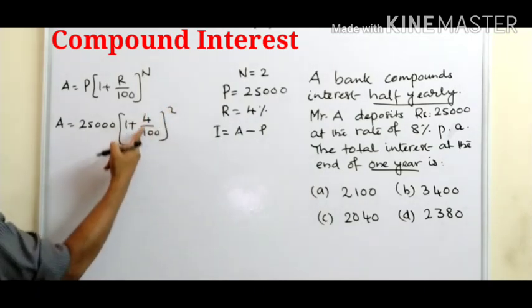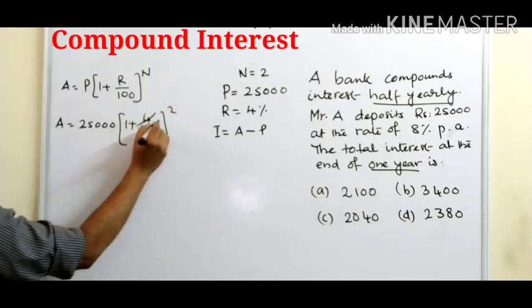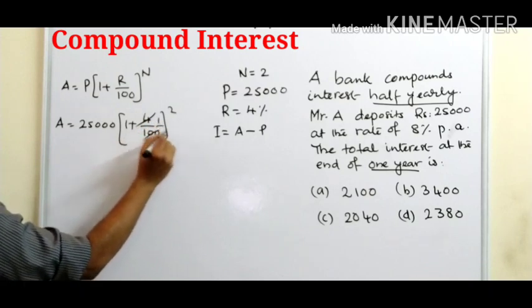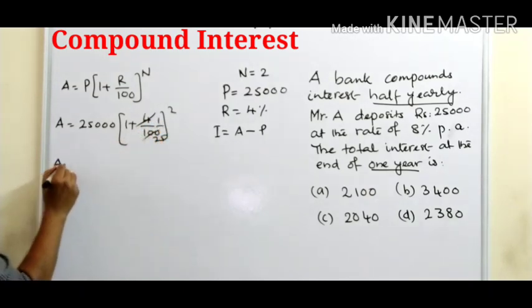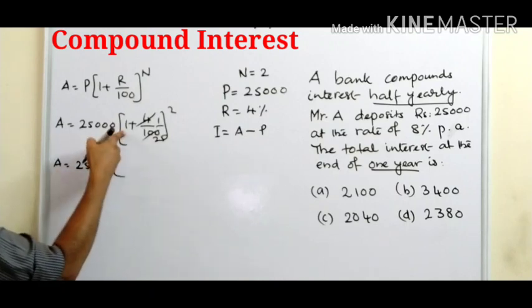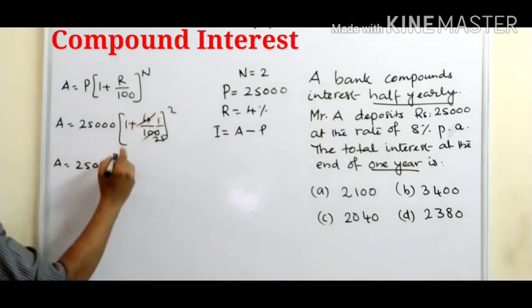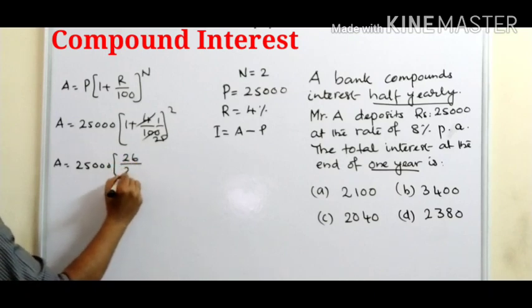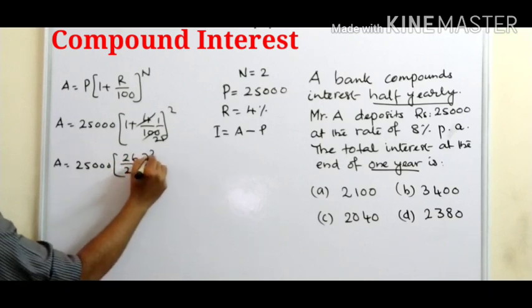Now I can cut this 4 by 100 as 1 by 25. So A is equal to 25,000 into 1 plus 1 by 25, that is 26 by 25, power 2.